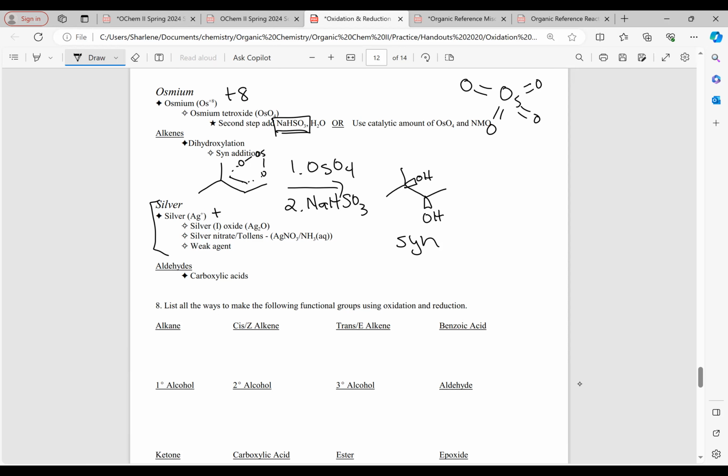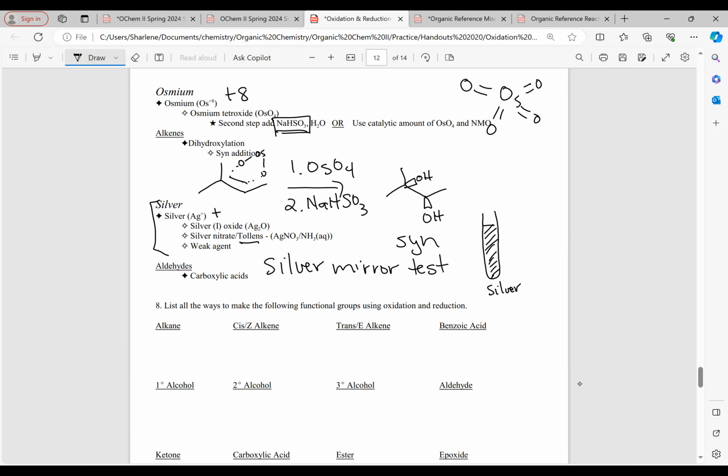So silver 1 oxide, which is Ag2O. Now the one that we use most often in lab is called Tollens reagent, which takes the silver and puts it into the ammonia and it makes a silver ammonia complex. And we know this as the silver mirror test, because when you put it in your test tube, it literally coats the inside with silver and you can't get it off.